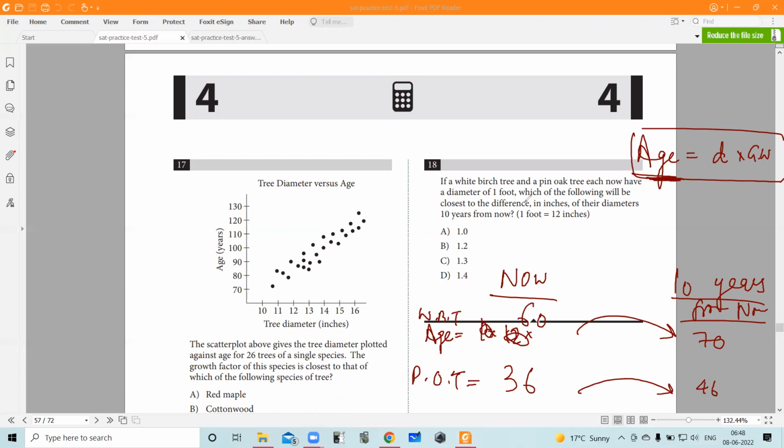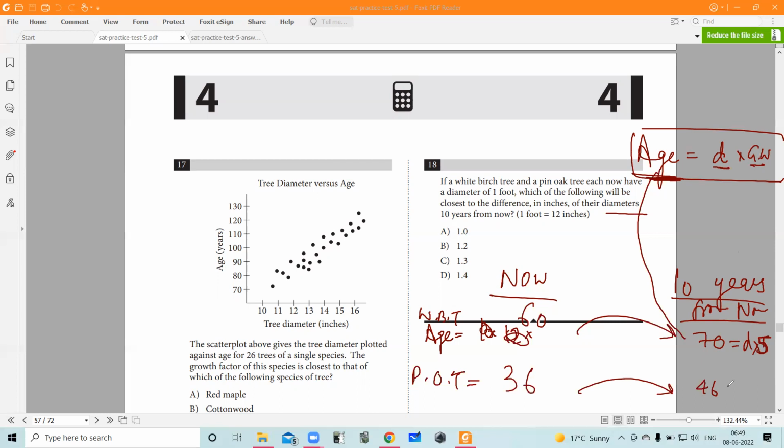Now we have to calculate the difference in the diameters. So we have to calculate the diameters of both of them. Age is given, diameter needs to be calculated, and growth factor we know, right? Yes. So 70 is equal to D times the growth factor, which was 5.